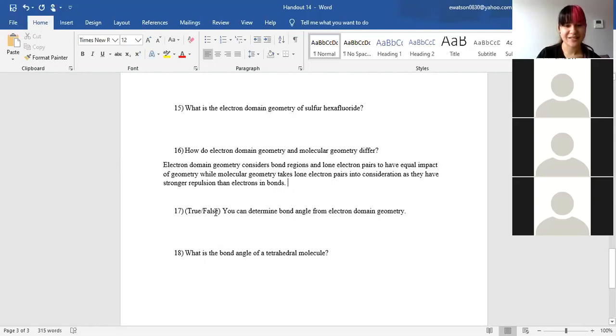Okay, so I'll tell you why. It goes back to this statement here. Lone electron pairs have stronger repulsion than electrons in bonds, meaning they're going to push these bonds further away, and it's going to change the amount of space between those.